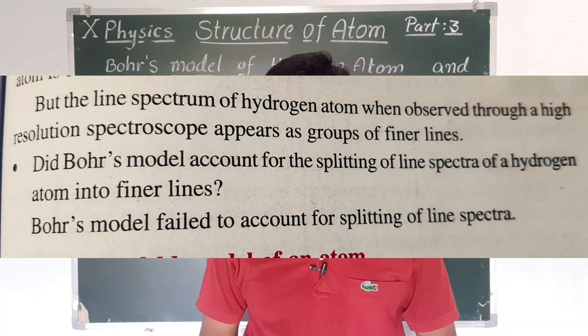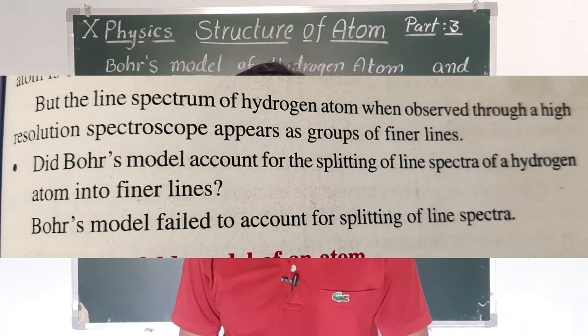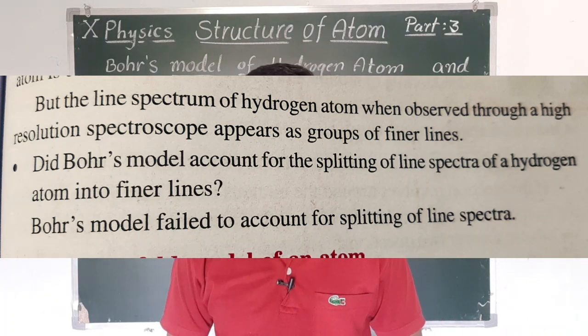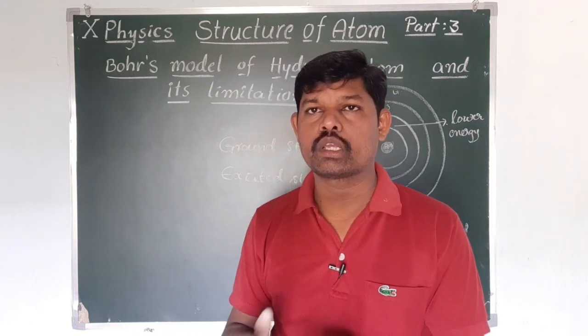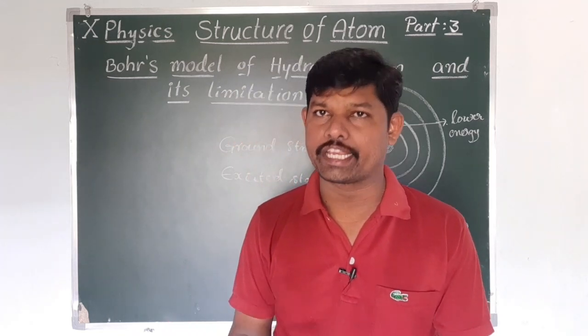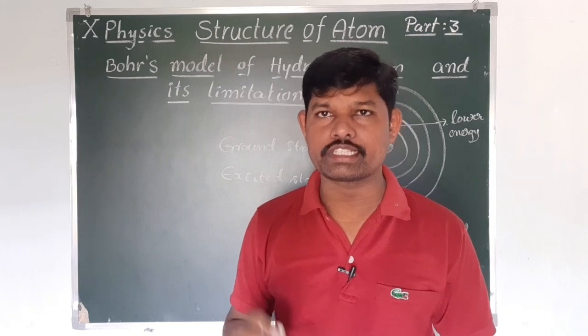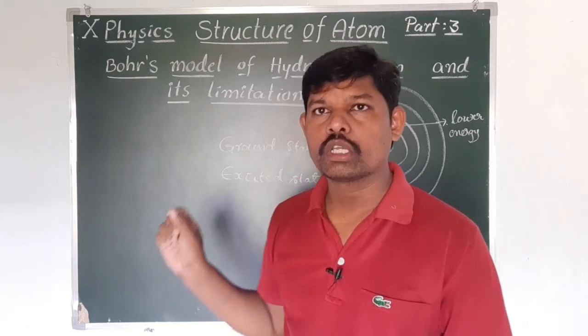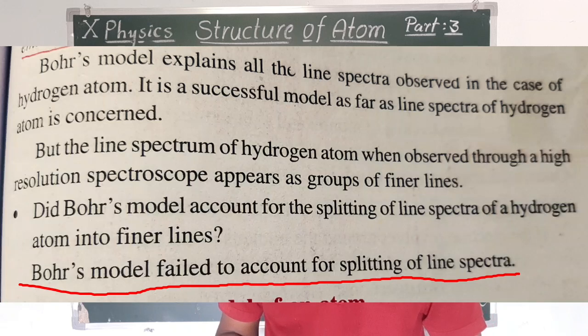Bohr's model failed to account for the splitting of line spectra. This splitting of line spectra, Bohr's model was unable to explain. So these are the limitations of Bohr's model. You can underline: Bohr's model failed to account for the splitting of line spectra.